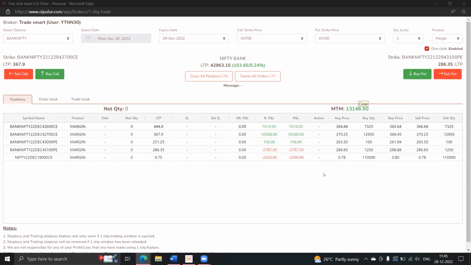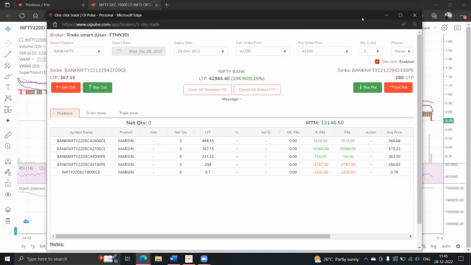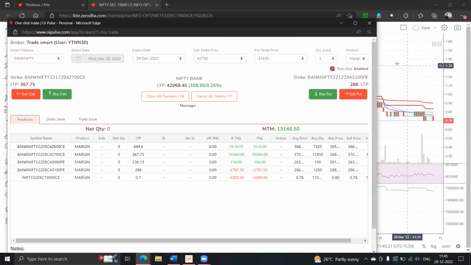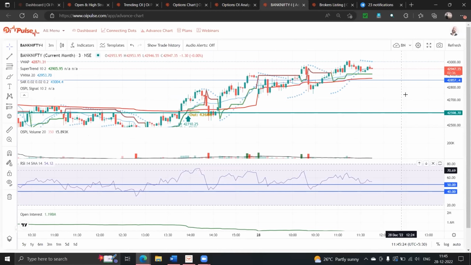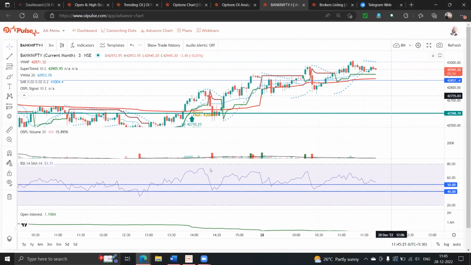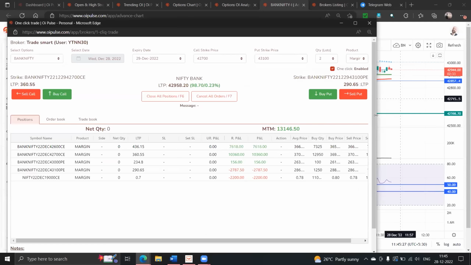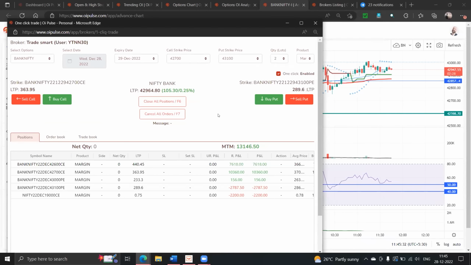Now, people are asking, Shiva, will I be able to see the chart and trade? This is your chart. Keep your chart side by side, and you can look at the chart and keep trading. You can minimize this window as much as you want. If you want to take a trade on the call side, you can do that.